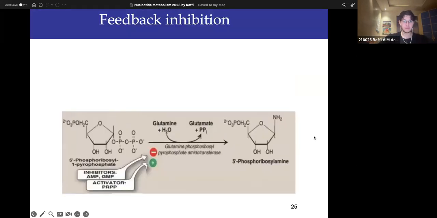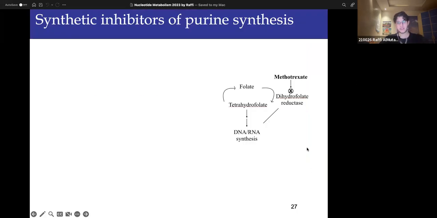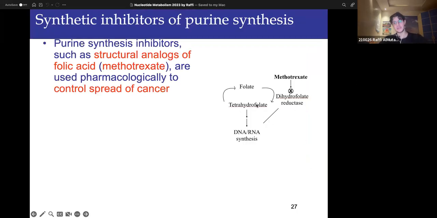So yeah, we've mentioned this stuff here. I don't see the word methotrexate, but this synthesis of tetrahydrofolate is inhibited by a drug called methotrexate, and it does come in another slide. Methotrexate is another important drug that you definitely need to remember. So methotrexate inhibits the synthesis of this molecule right here, tetrahydrofolate.